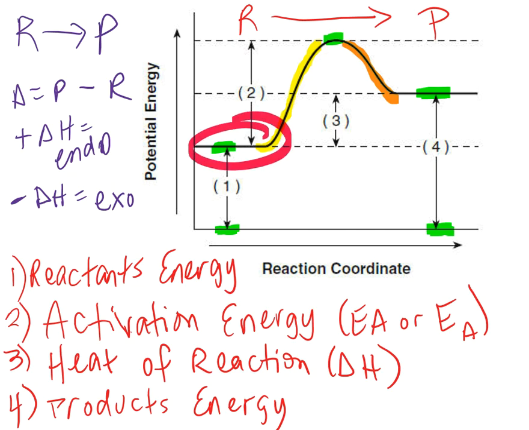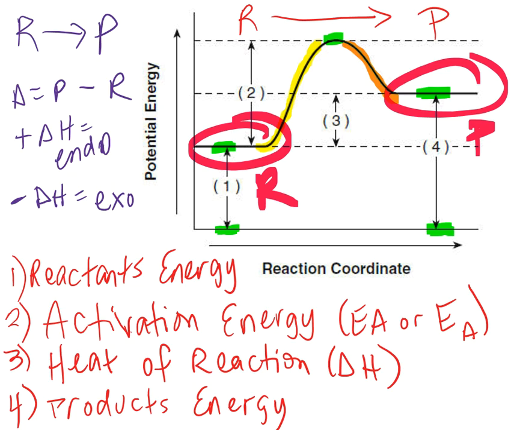So when you look at this energy and this energy, when you do this P minus this R, if it's positive, it's endothermic. If it's negative, it's exothermic. And so you can just gauge whether it's going to be positive or negative by looking at the height levels if your reaction coordinate diagram does not give you values.